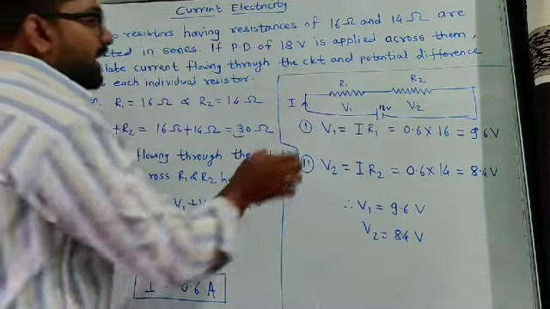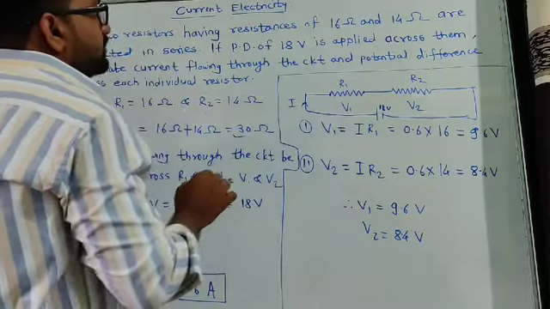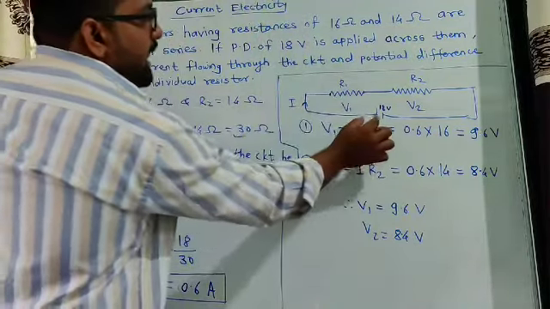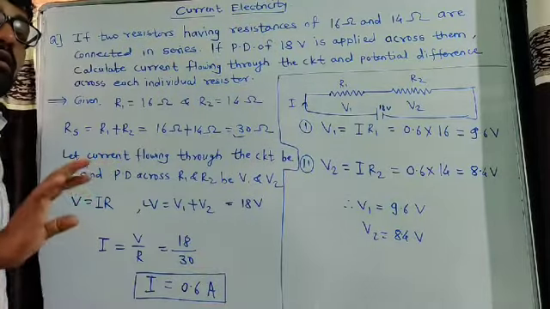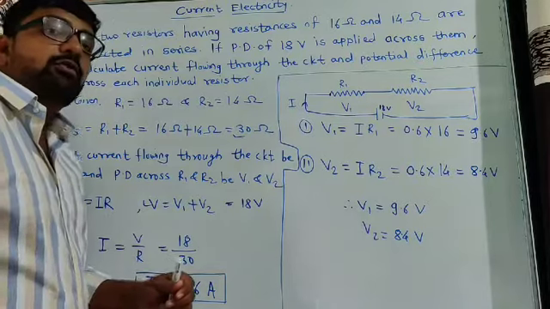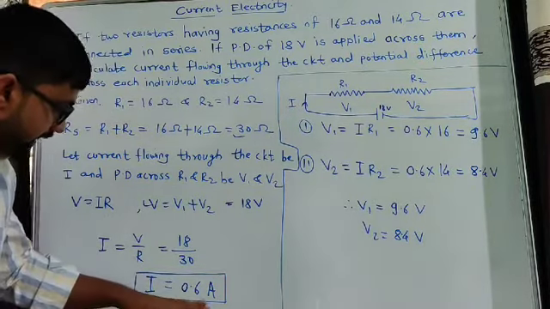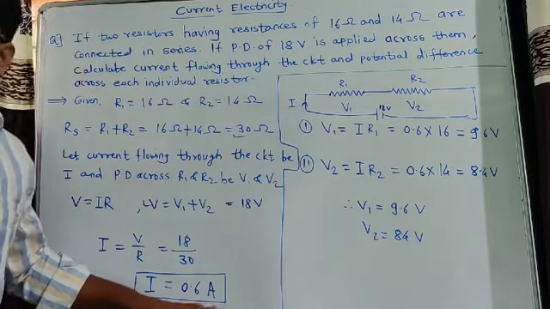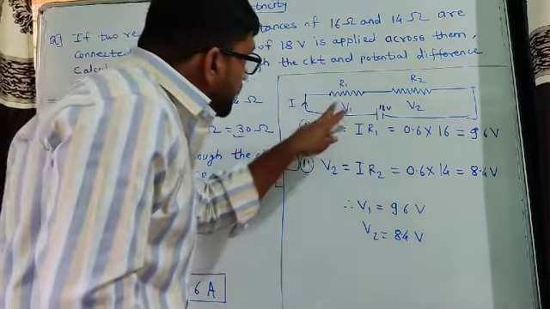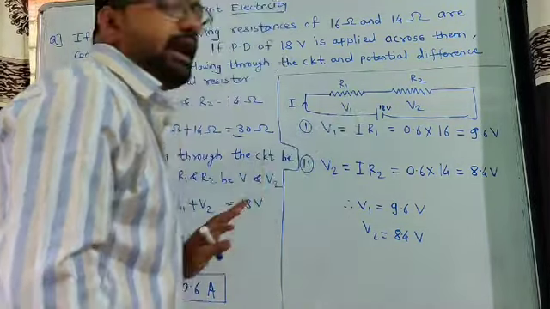Now when we connect two resistances of 16 ohm and 14 ohm in series and apply 18 volt potential difference, what do we have to find out again? Here we calculated the value of current flowing through the circuit, that is the first part. Now we have to find the values of V1 and V2.